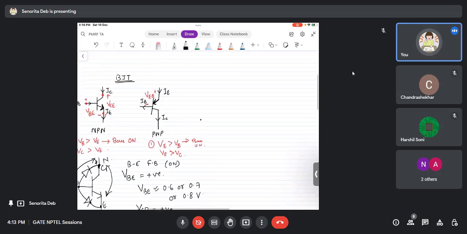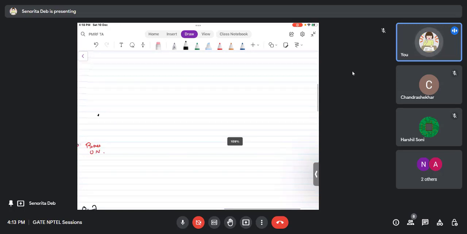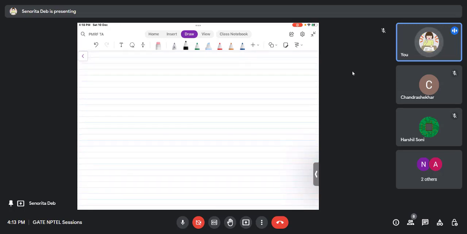So now for PNP, many people get confused as to what is to be done for PNP. But nothing, in PNP everything goes opposite. See, in PNP the transistor will be like this, right? Whatever the voltages are given, you will just simply invert them. So VEC, this is plus minus VEB.